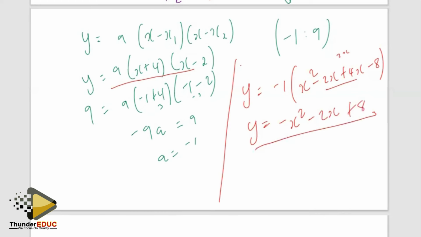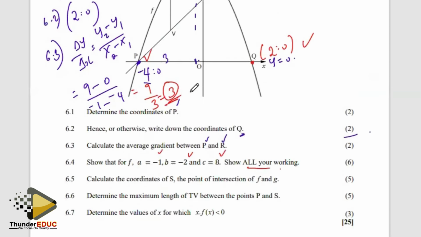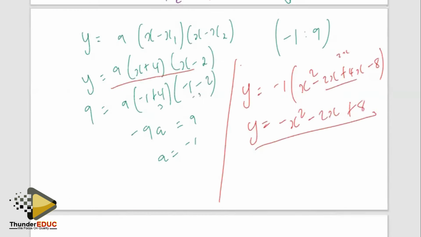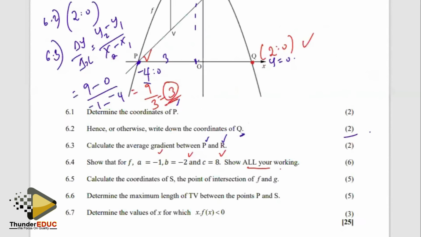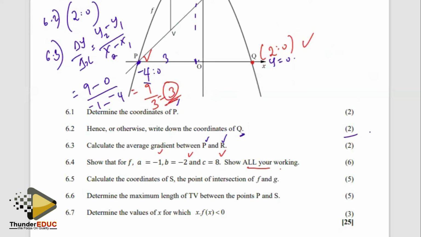So that becomes our f. But the question was not asking for that. The question was asking us to show that, proof. So we can see that our a is -1, the b is -2, correct? And then the c is 8. So that is how we would have approached that question.